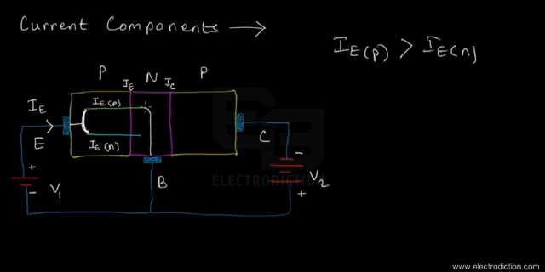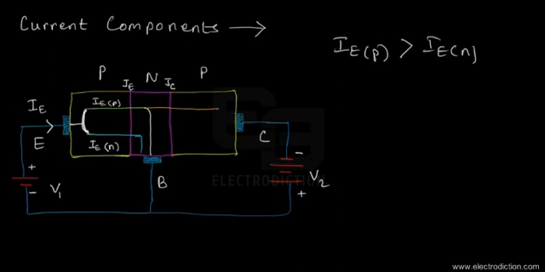While the remaining part would continue its journey, crossing the collector junction into the collector section over here. Apart from that, the emitter current component due to the electrons would originate from the base itself and continue its journey into the emitter section.